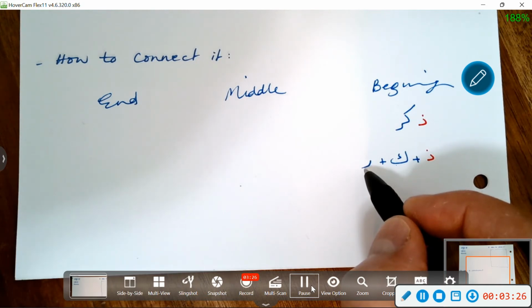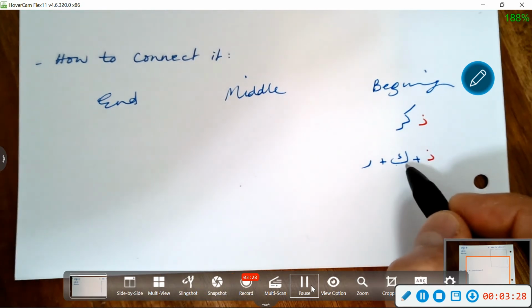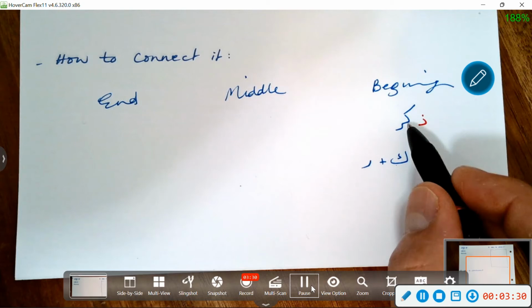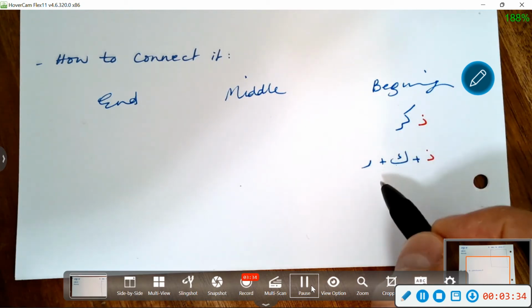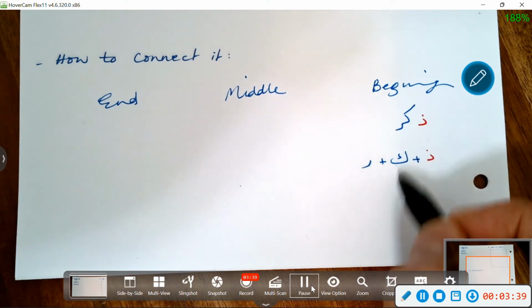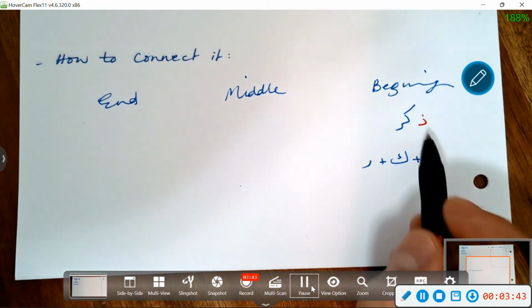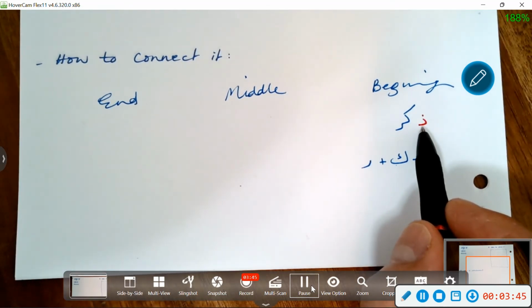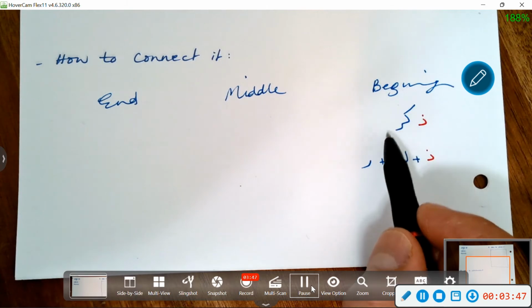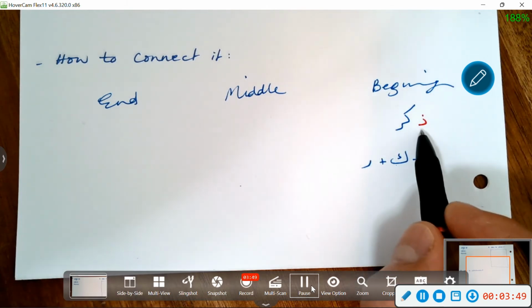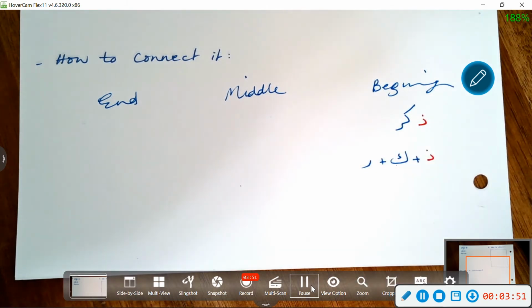But ka, when it's connected in the middle to another letter, looks like this one. So it changes the shape. We don't need to know that for now. All we need to know is the letter the doesn't connect to the left side. So at the beginning, it always looks like that. And dhakar means a male.